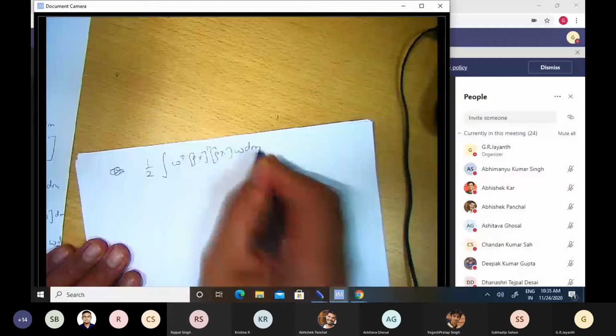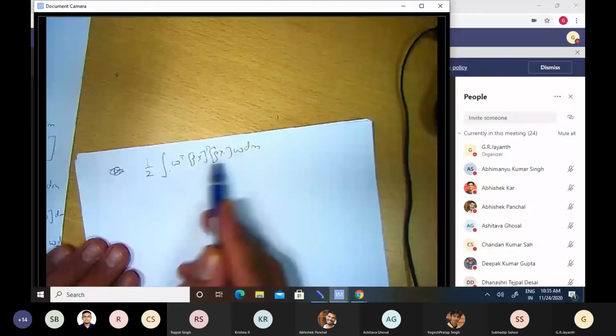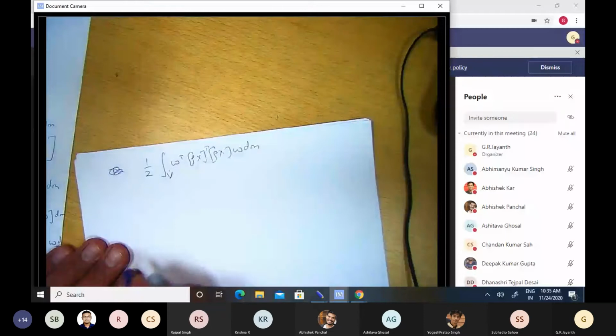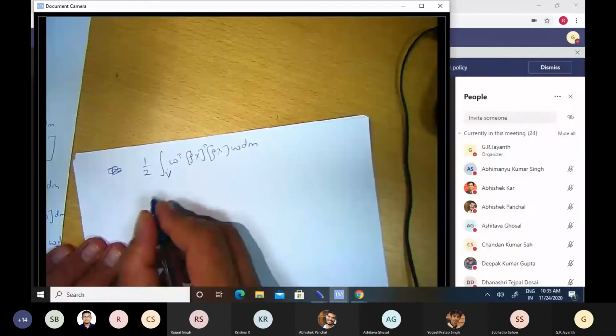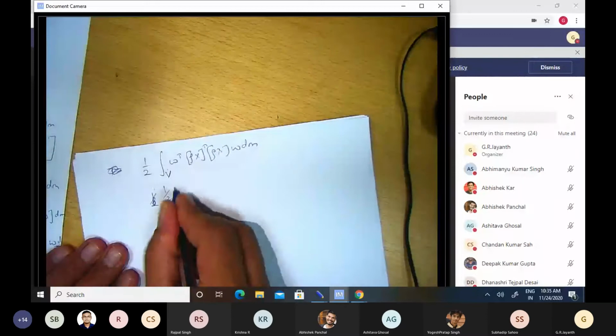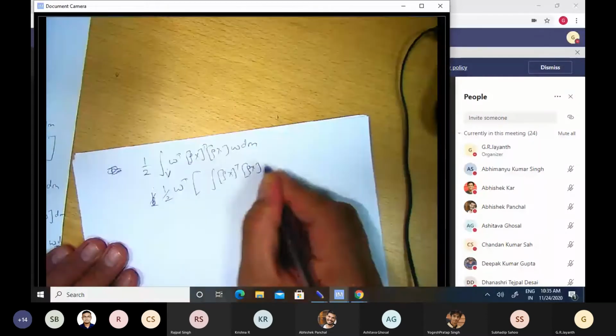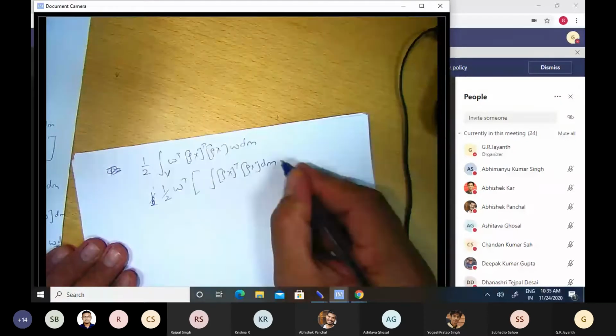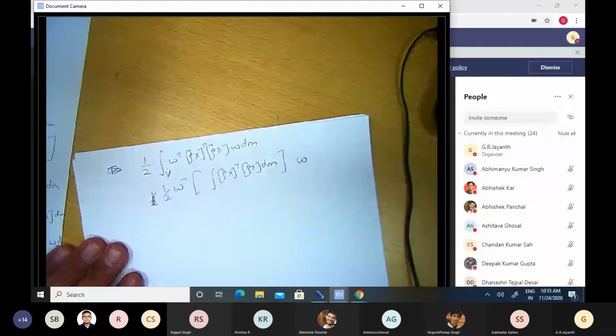Now omega and omega transpose again do not have any spatial variation, so I remove them from the integral. I get half of omega transpose integral rho cross transpose rho cross dm times omega. Do you recognize this term, rho cross transpose rho cross? If you remember, rho cross is a skew symmetric matrix, right?